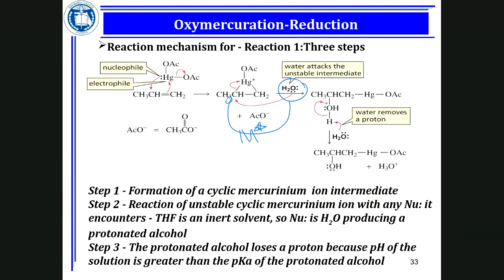The addition is Markovnikov because in one of the steps of the reaction, when you bring in the nucleophile H2O, it's going to be more stable if it's added to the more substituted carbon. And that is the part that is going to end up with the OH. So OH is added to the more substituted carbon. That's the definition of Markovnikov addition. So this is the Markovnikov addition.